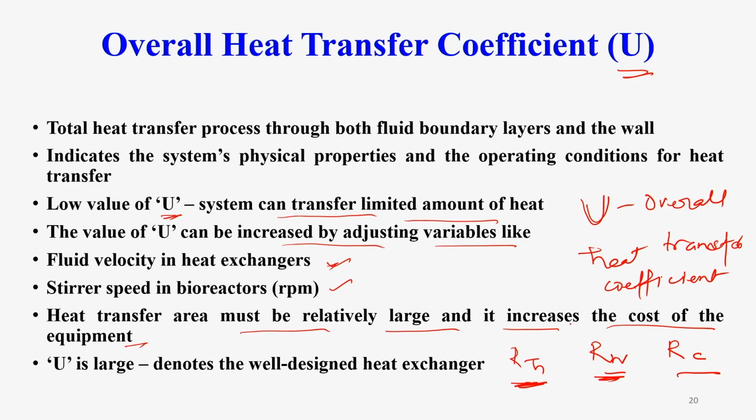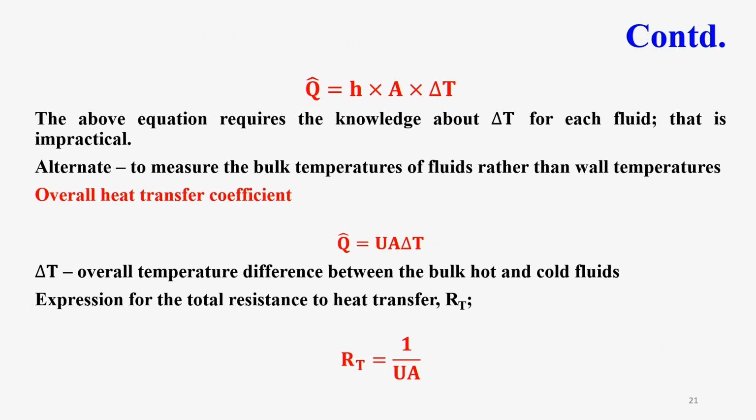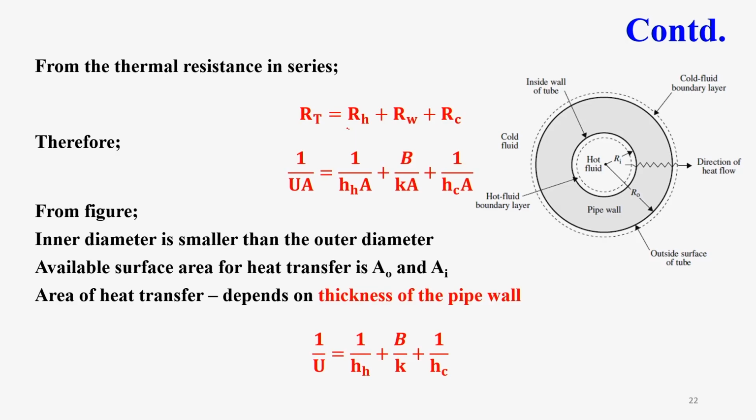But if you increase the area, it also causes an increase in the cost of equipment. So this is the equation of convection, and we are going to replace h with U. And what are the three resistances? We have already discussed: RH, RW and RC.